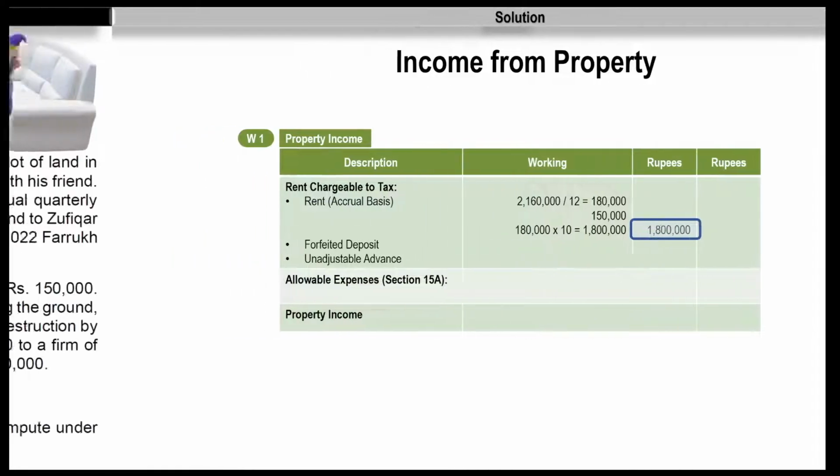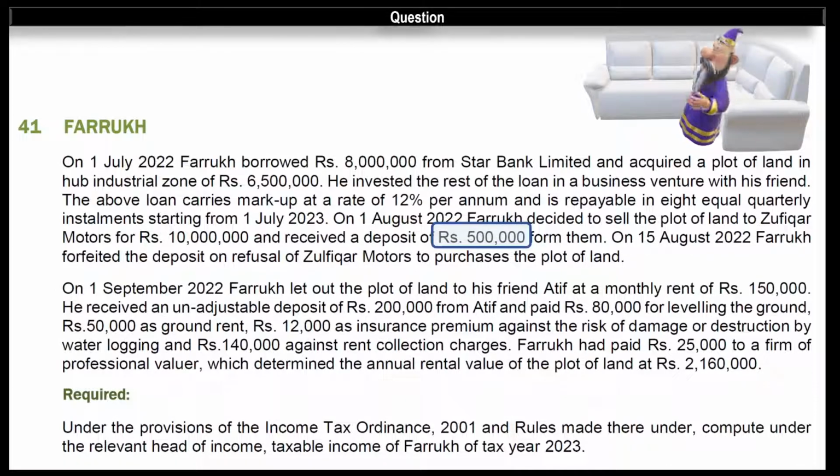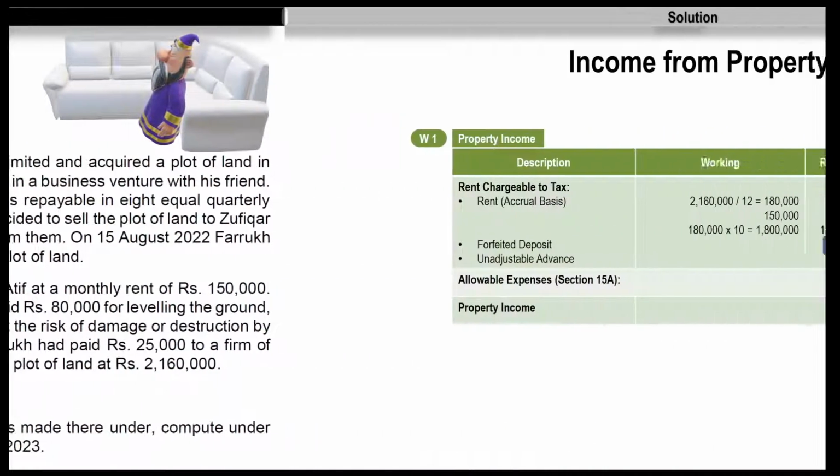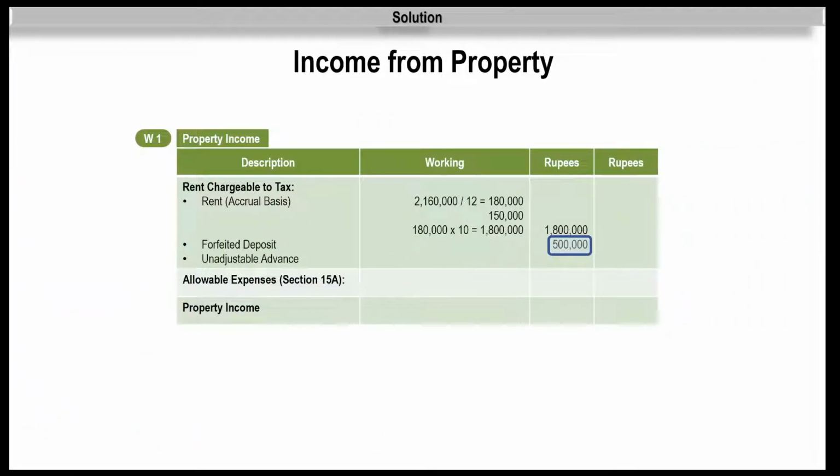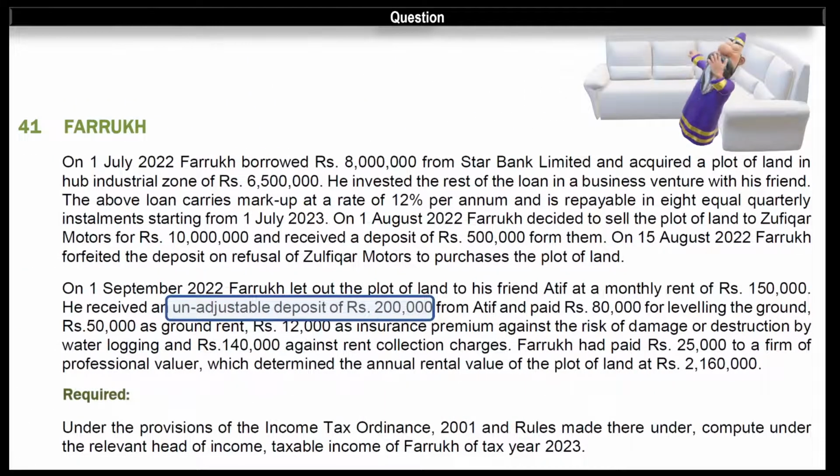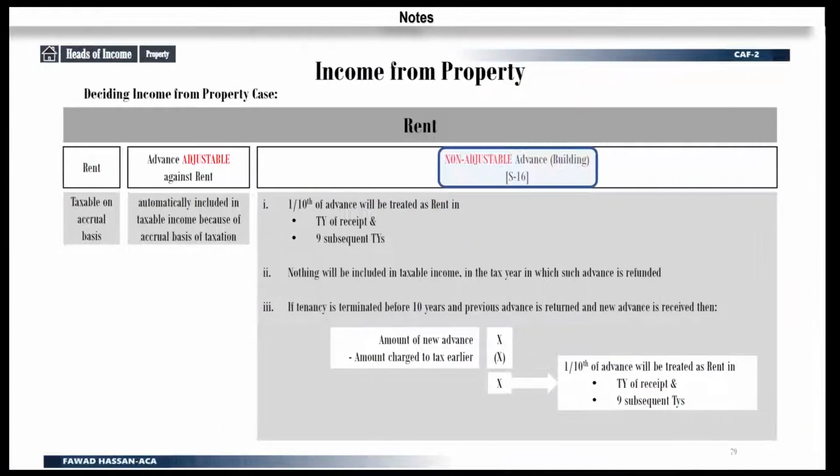Forfeited deposit mentioned in question is rupees 500,000. This has been forfeited in current tax year. Mention it in your solution. Rupees 500,000 will be mentioned as forfeited deposit. Unadjustable advance has been mentioned as rupees 200,000. Recall notes slide.